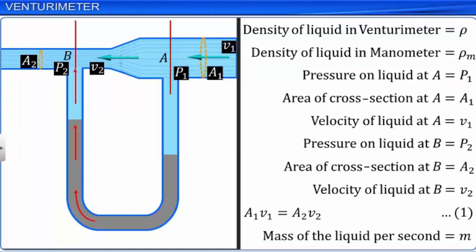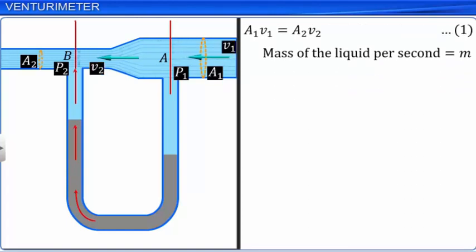Since the time considered is 1 second, V1 and V2 are the lengths of the liquid element of mass m at positions A and B respectively. Therefore, A1V1 is equal to A2V2, which is equal to the volume of the liquid V flowing per second.